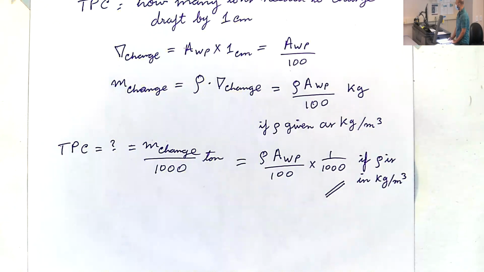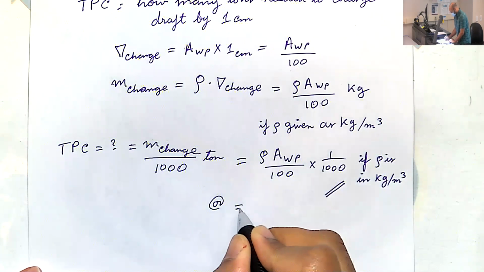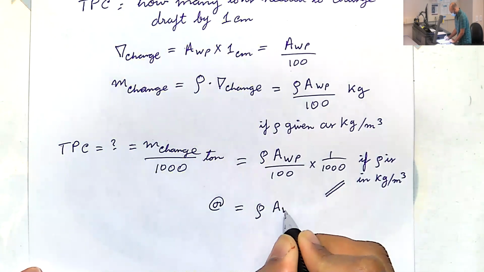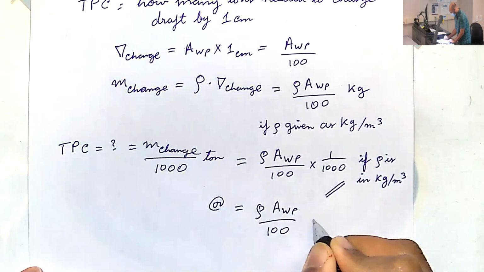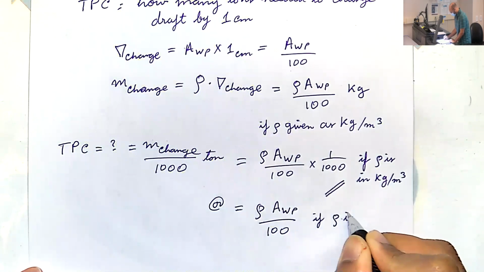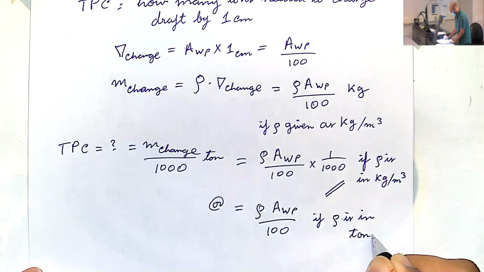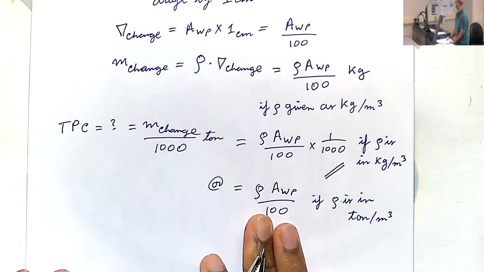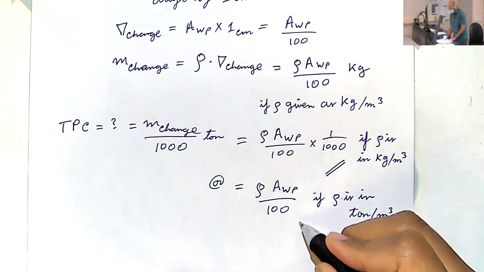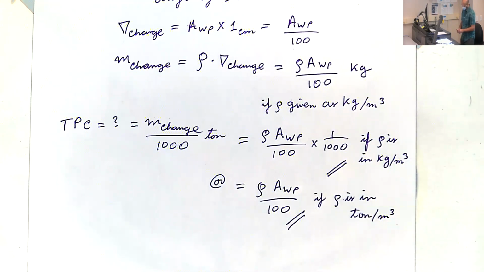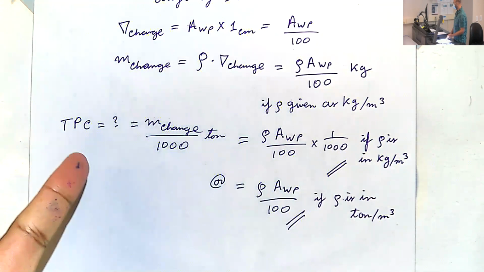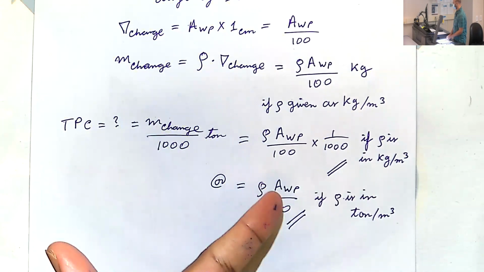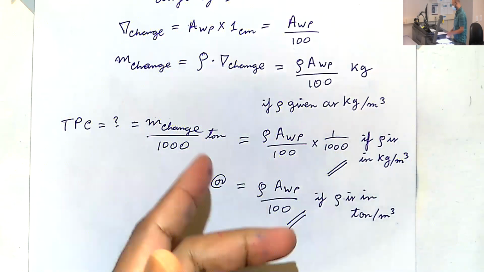So that's a very easy and quick way to compute TPC. You just need to know the area of the water plane and rho of the seawater, of course.